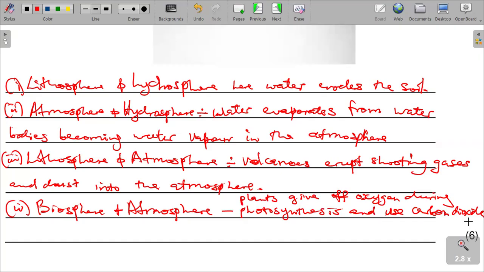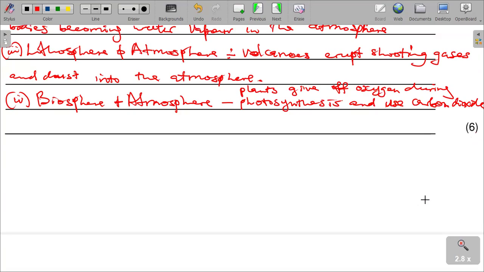We can also talk about the biosphere and the hydrosphere. Describe the interaction between the biosphere and the hydrosphere.